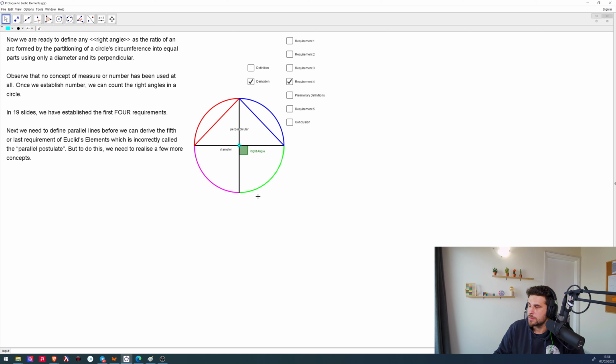So to summarize, to say that all right angles are equal, we have to define what an angle is and derive that principle and understand symmetry and arcs and understand how important it is to define a perpendicular based on the fact that the perpendicular splits the diameter into 2 equal radii.